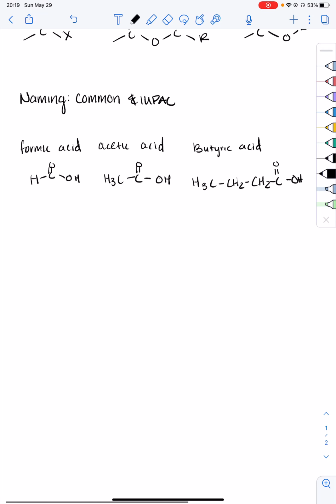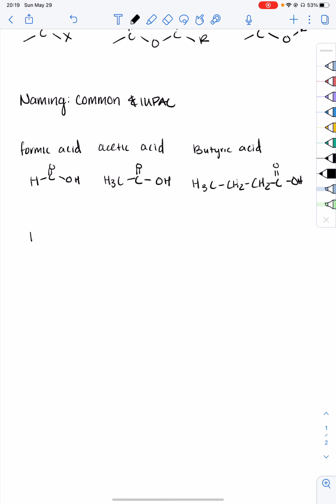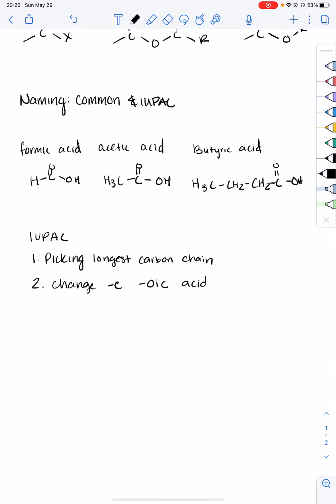For the IUPAC naming system, you're still going to follow the rule of picking the longest continuous chain of carbon atoms that contains the carboxyl group, and the parent name for that compound comes from the alkane name for that number of carbon atoms. The second thing you're going to do is change the E ending to oic acid.